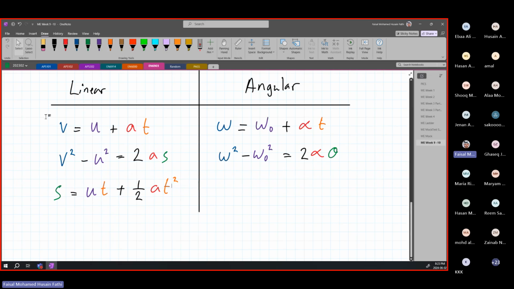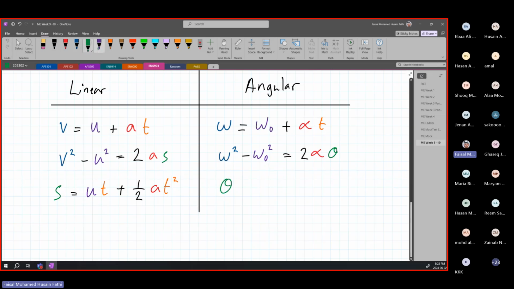The idea here is every time, for example, the first equation, you use it if you do not have displacement, but you have all the other things. The second equation, you would use it if you do not have time, but you have everything else. And the last one is if you do not have the final velocity, but you have everything else. Again, this can be applied here in the same exact way.